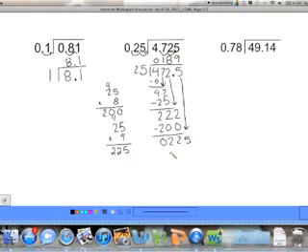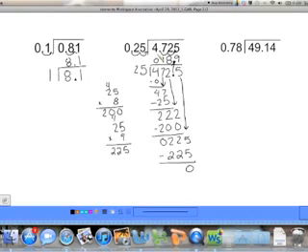We know it fits in 9 times. We'll put our 225 down at the bottom and subtract. We have nothing left to bring down. Our answer is 0 down here. So we bring up our decimal, and after all that work, we know 472.5 divided by 25 is 18.9, which remember is the same thing as our original problem, 4.725 divided by 0.25. You'll get 18.9.